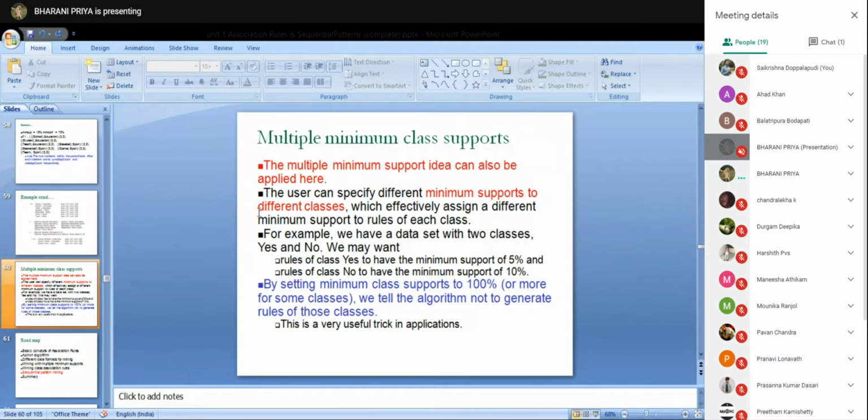So even in case of class association rules, you require multiple item support. This is one of the examples. And here, by setting the minimum class support to 100%, you are telling the algorithm to leave that item and generate the rules with other items.